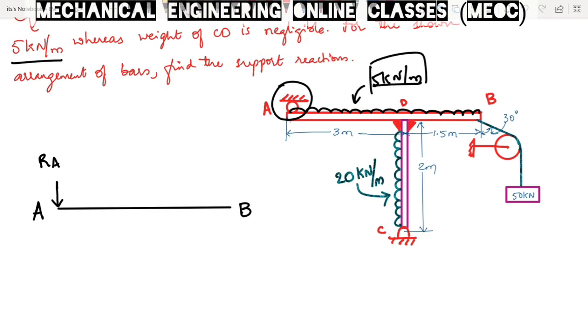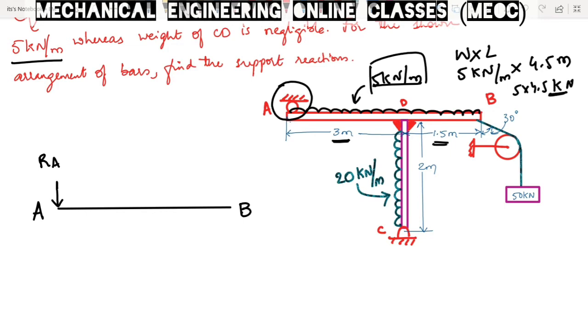So the total weight of AB will be W into the length it is acting through. The length of AB is 3 meter plus 1.5, so that will be 5 kilonewton per meter into 4.5 meters. So we will get it as 5 into 4.5 kilonewtons.